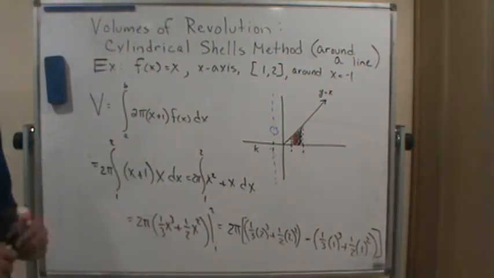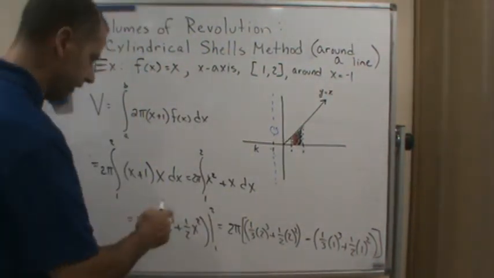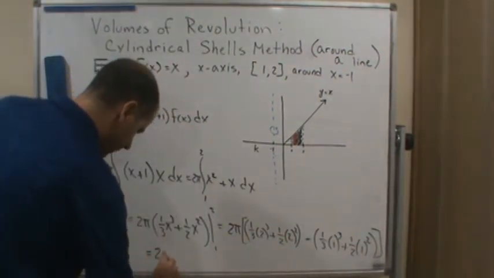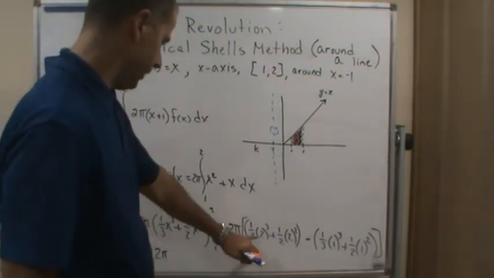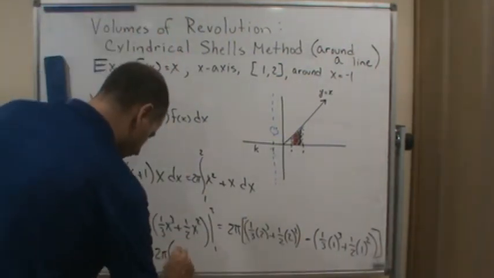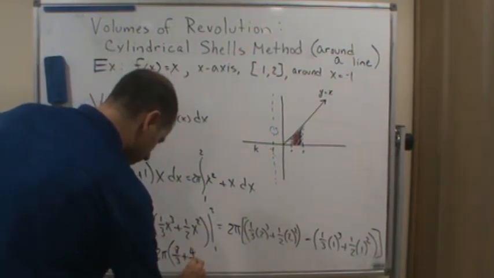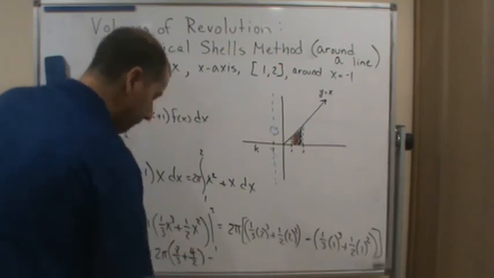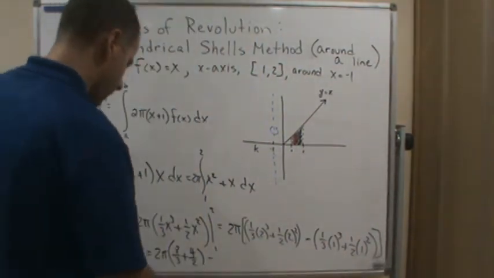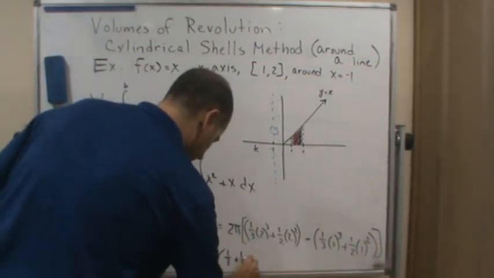Now if I simplify, what are you going to get inside these brackets? You're going to get 2 pi times 8/3 plus 4/2, minus 1/3 plus 1/2.